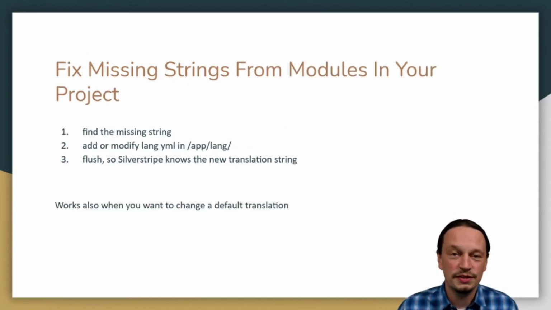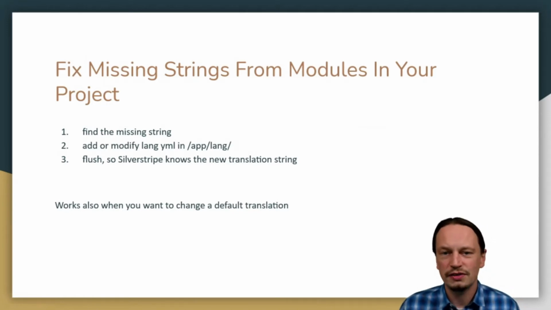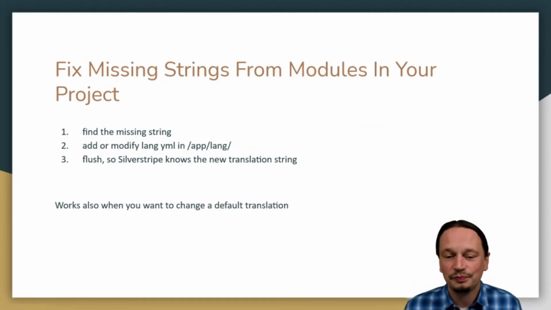And now that you know that all these translated strings are just translated in YAML files, I can show you how to fix missing strings from a module in your own project without forking the module, because it's just a string in a YAML file.